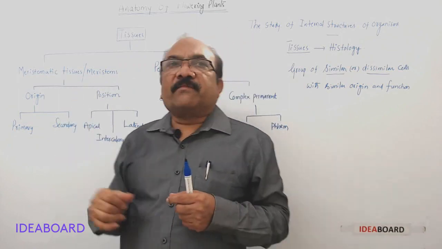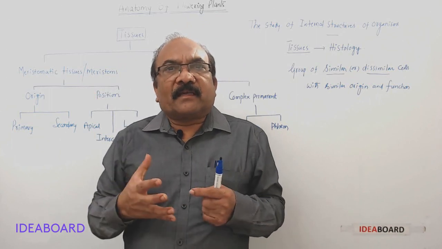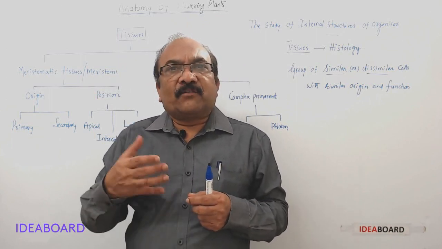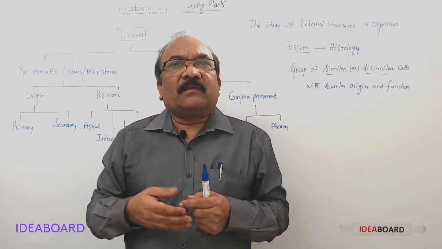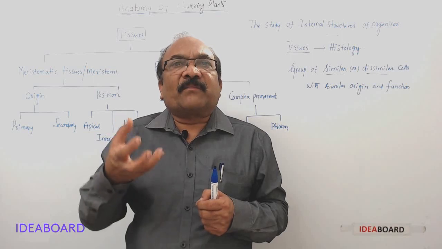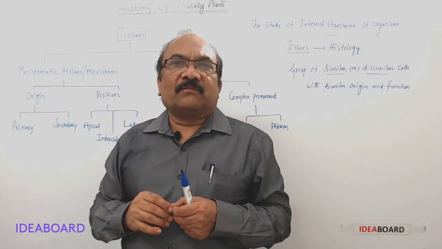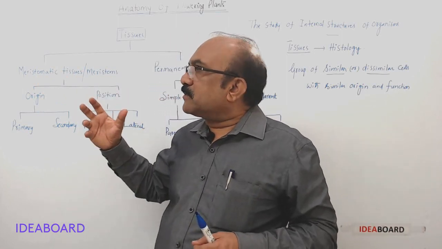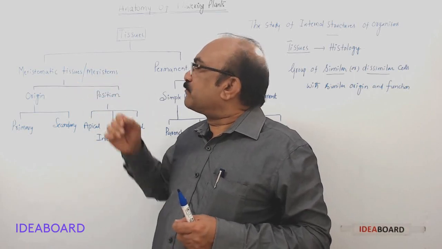So the cells which divide continuously, which retain the capacity of cell division throughout the life of the plant, and which will divide and contribute the new cells to the plant body and help in the growth of the plant body, are called meristematic tissues. And the simplified term for meristematic tissues is meristems.